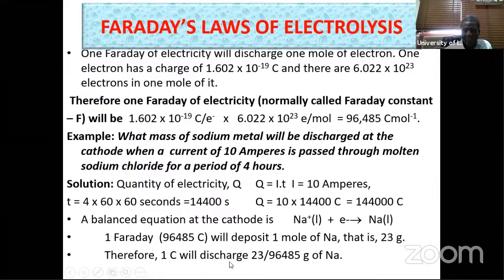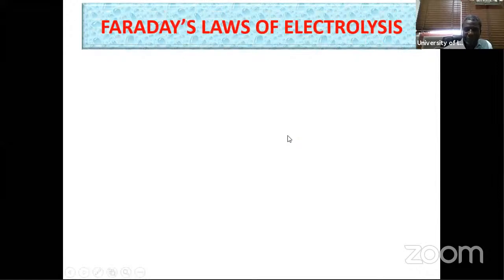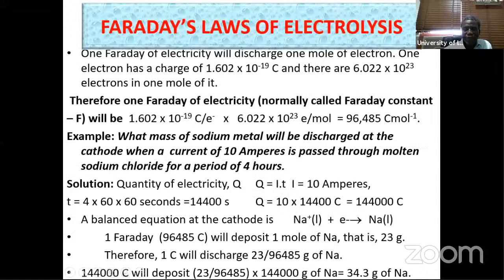So one coulomb will discharge 23 over this, and then 144,000 will therefore deposit 23 over 96485 times this, and that means you have 34.3 grams. So that is how to do that. I'm sure you are familiar with that.